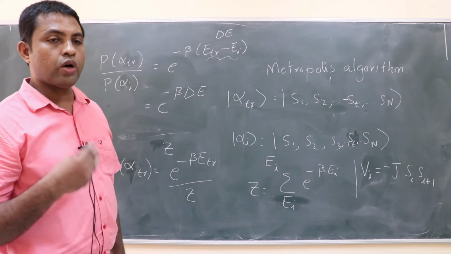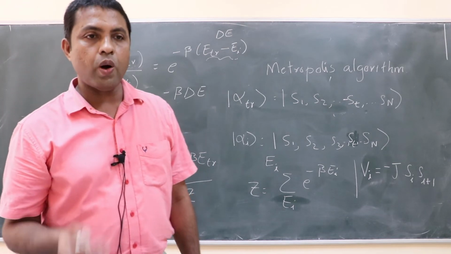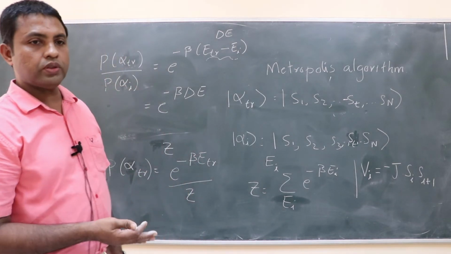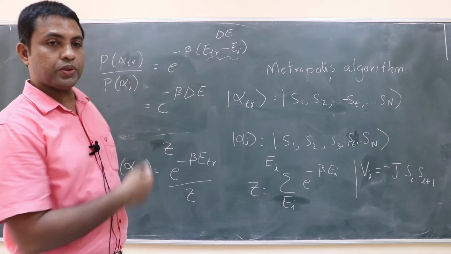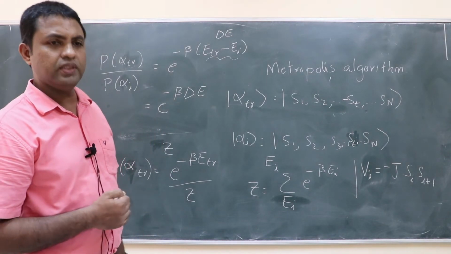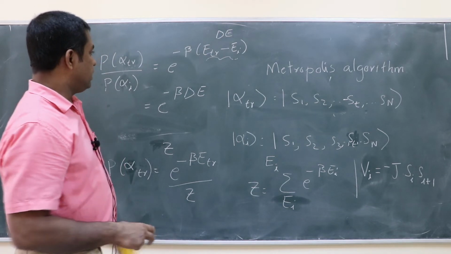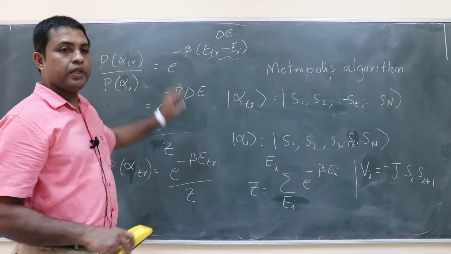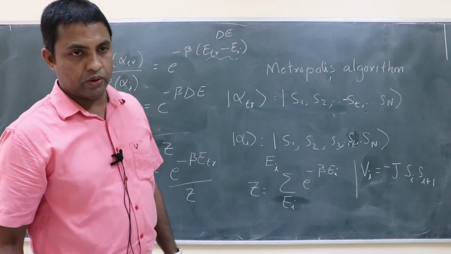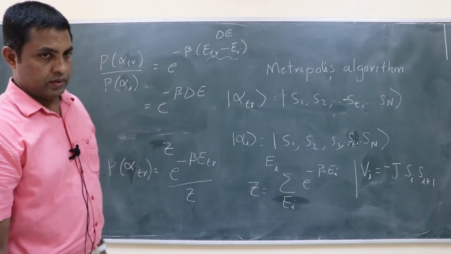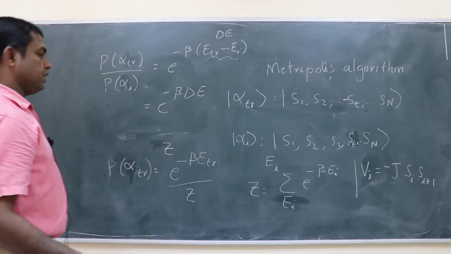If your new configuration has a lower energy with respect to the original configuration, delta E is negative. If delta E is negative, what will e to the power minus beta delta E be? It is positive.